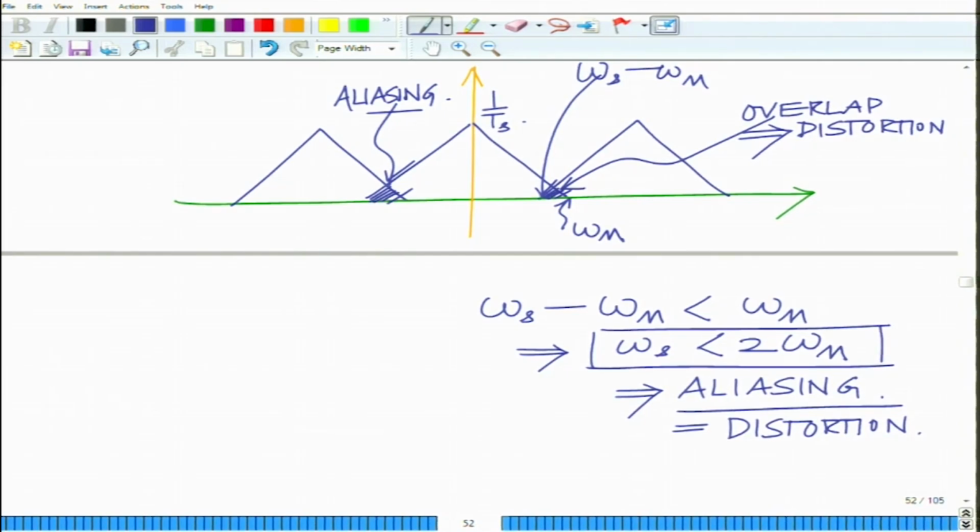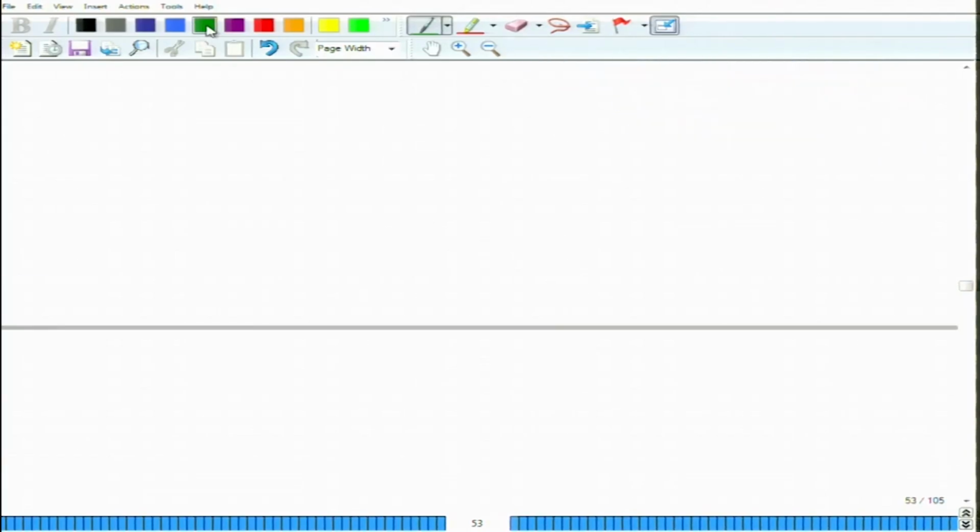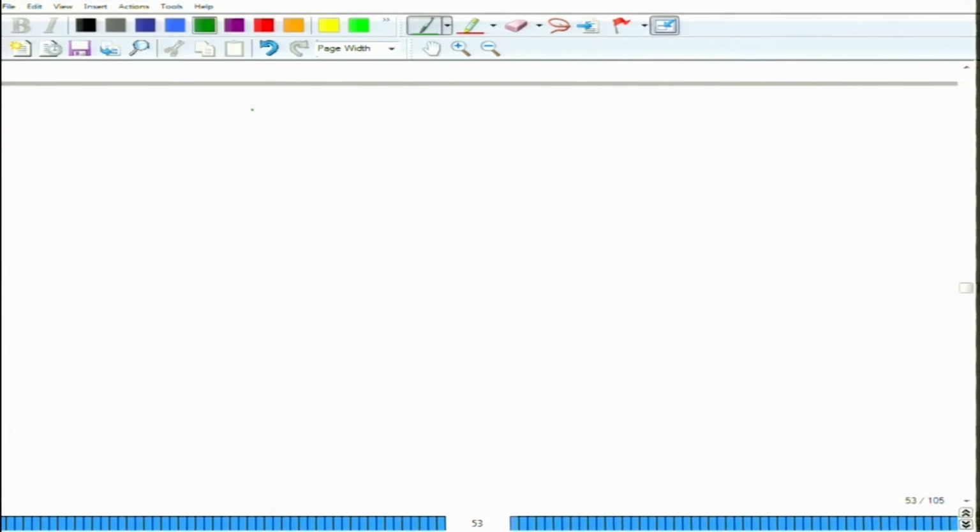which brings us to the next topic that we are going to talk about, how to reconstruct the original message signal from the sampled signal. So, what we want to talk about is basically the reconstruction aspect.